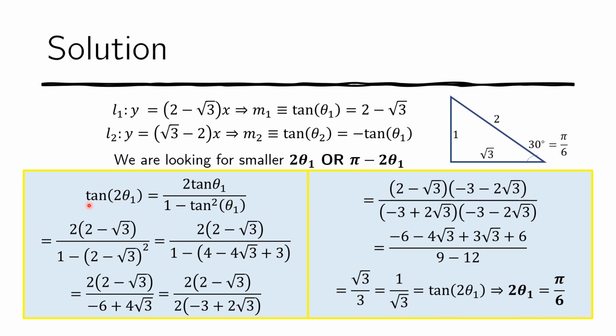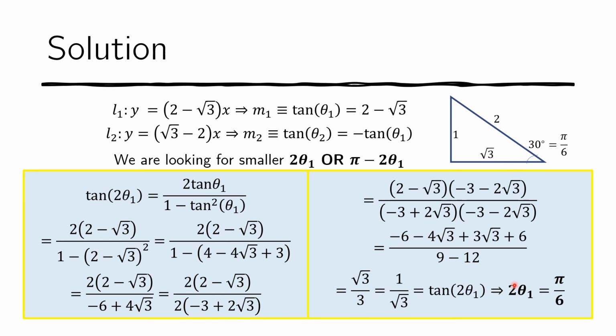At the very beginning, we're looking for the tangent of 2 times theta sub 1, and we just write it here. And we notice that this is a special angle, this 2 theta sub 1, because this is a special value, and that is from this triangle. If you have pi over 6 here, then the tangent of this is just this over this.